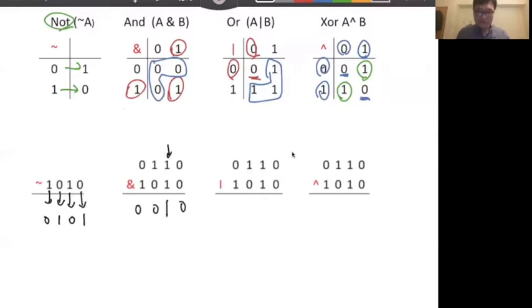Otherwise, it's zero. For OR, only when both are zero do you get zero. Otherwise, it stays one. For exclusive OR, this will compare two values. If they are the same, it's zero. Not the same, one. So this is how you compute these operators. Good, you get the idea, right?